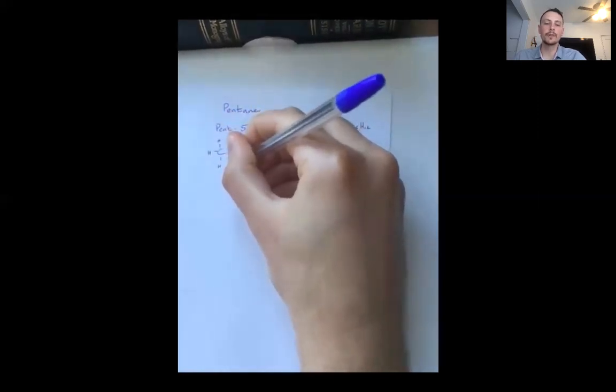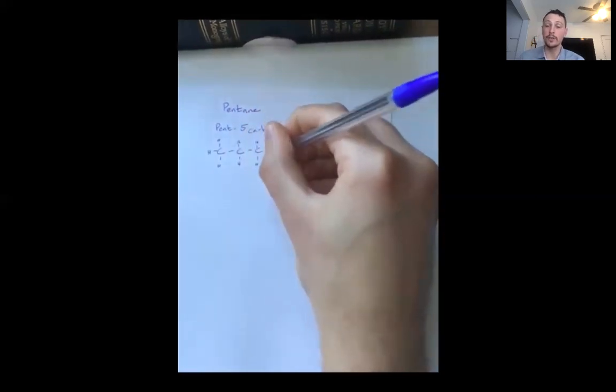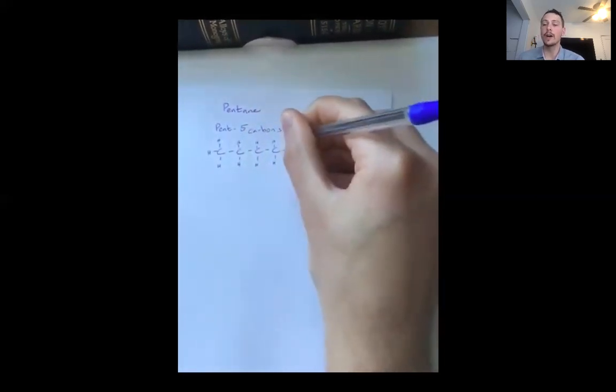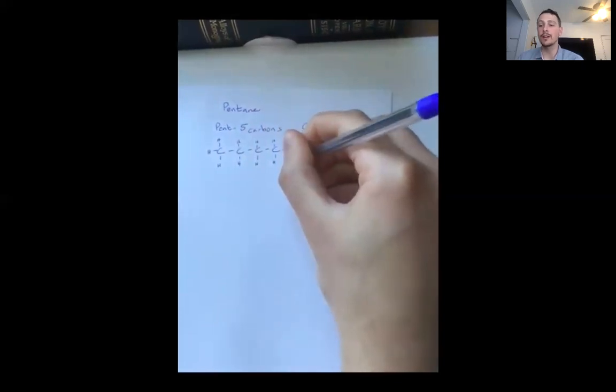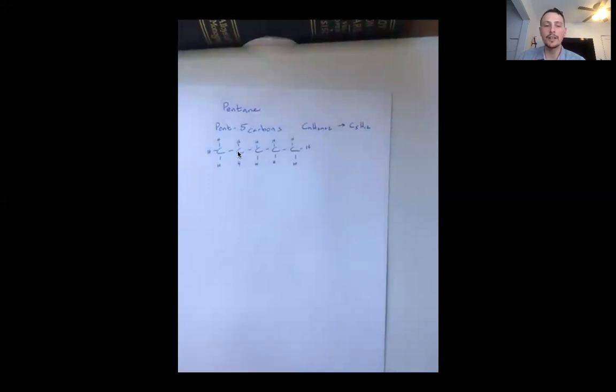Then we just fill up our carbon backbone until it's fully saturated with hydrogens, meaning that each carbon has all 4 bonding spots taken up, right? You'll notice that all the carbons on the end, the 2 carbons on the end, have 3 hydrogens, and all the ones in the middle have 2. But you'll notice if you look at each individual carbon, each one has 4 bonds, right?